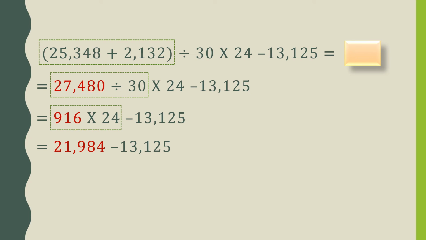Now we're going to get the difference between 21,984 and 13,125. So 21,984 minus 13,125 is equal to 8,859.